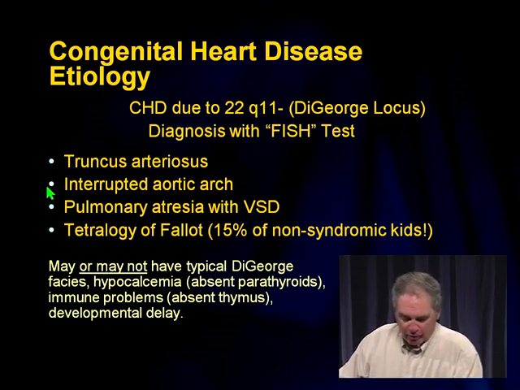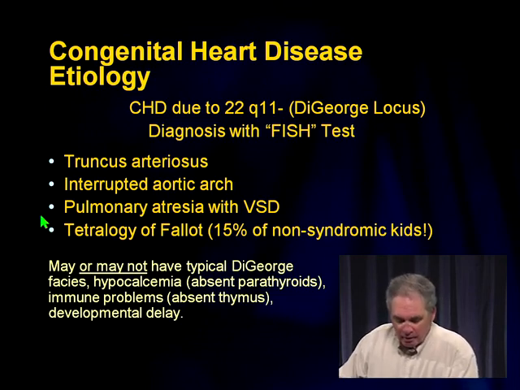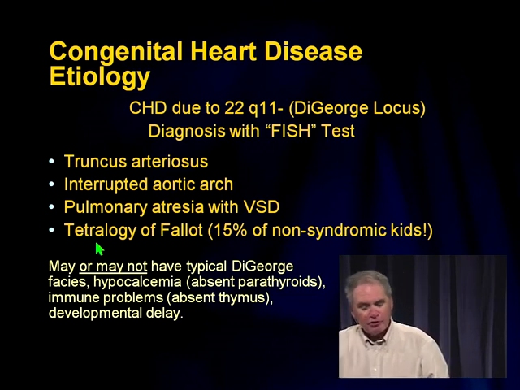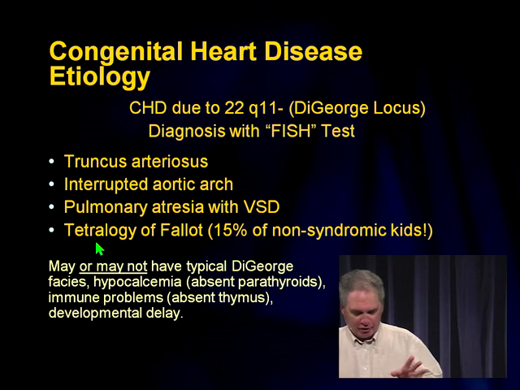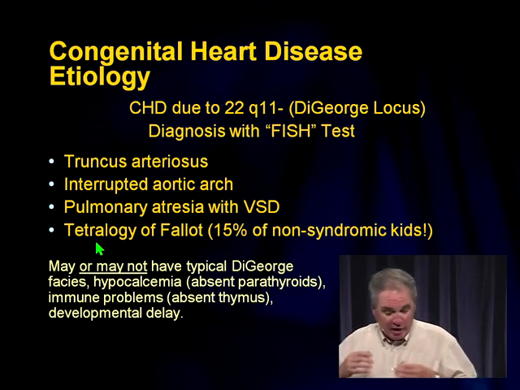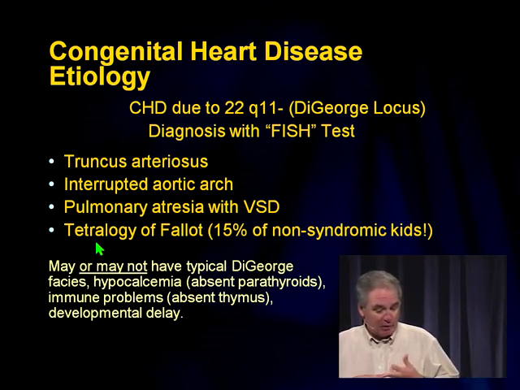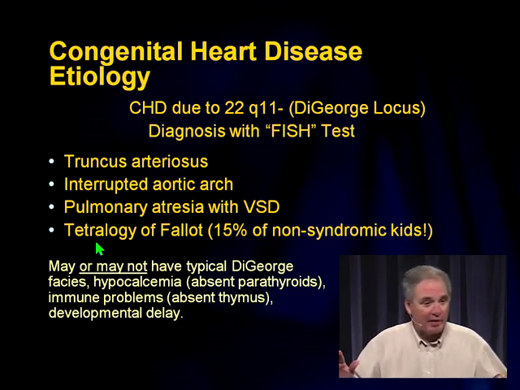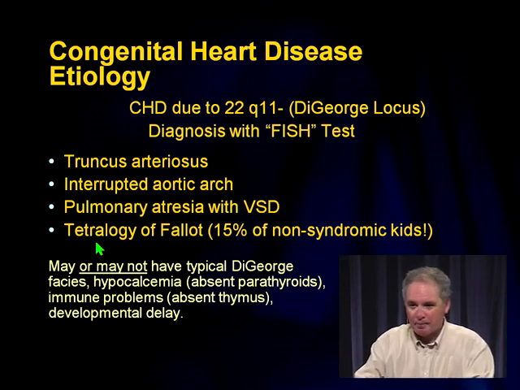Interruption of the aortic arch. Pulmonary atresia with a ventricular septal defect, maybe tetralogy of Fallot. For certainly the first 2 or 3 on that list, if you see a kid with that, you get a FISH test. Keep in mind, they may not have the typical DiGeorge look to them, the faces, okay? They may or may not have hypocalcemia because of absent parathyroids, immune problems because of an absent thymus, or developmental delay. They may have some or none of that. Doesn't matter. Get a FISH test with these heart defects.